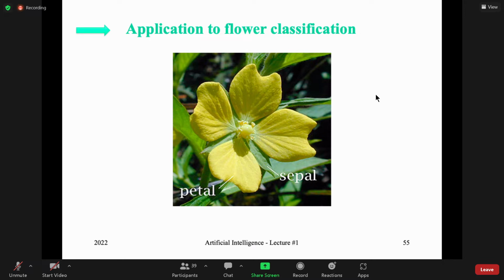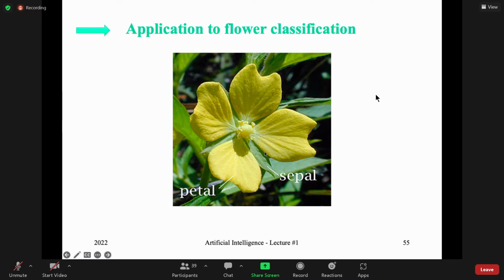and to classify exactly what this flower is, in fact, is to classify the shape of the sepal, which is here. With image processing, we can measure the length of this sepal, the number of pixels in the length here, and the width of the sepal here.